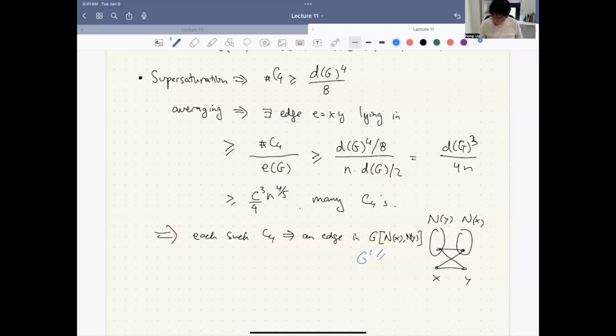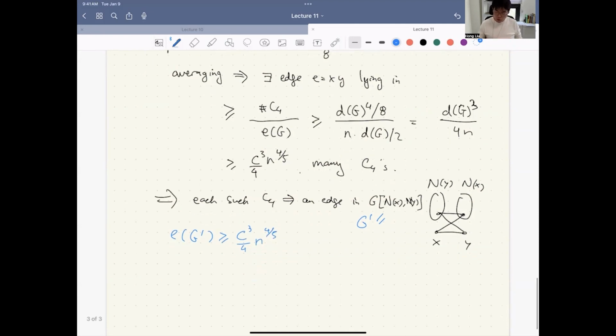Let's call this G prime. So we have E of G prime is at least this number, C cubed times n to the 4/5. And all we need to show is this is above the C6 upper bound.